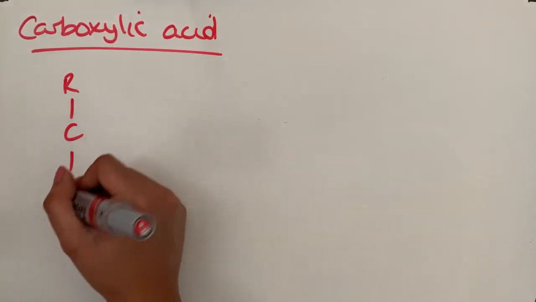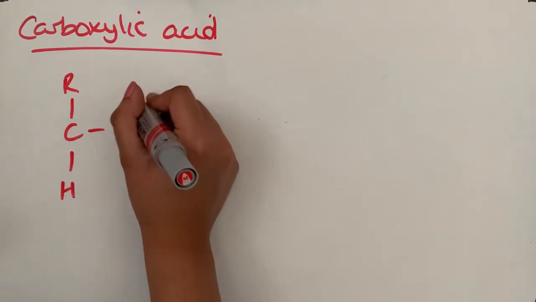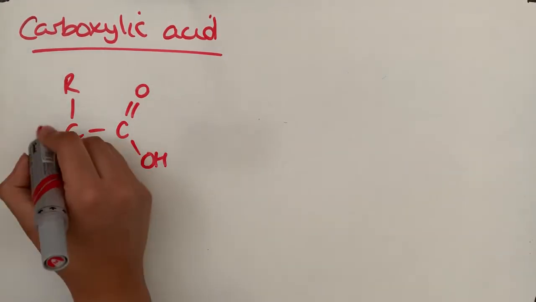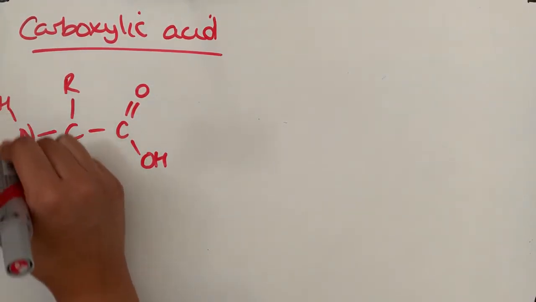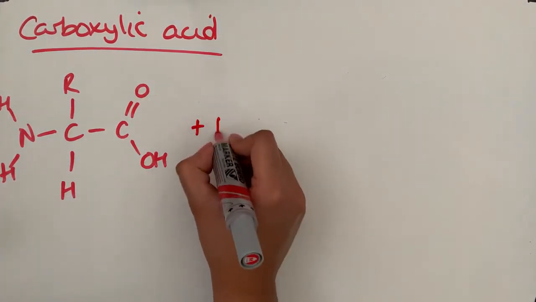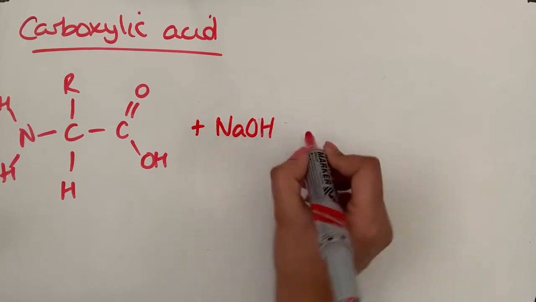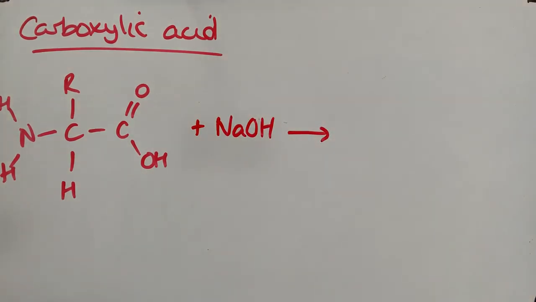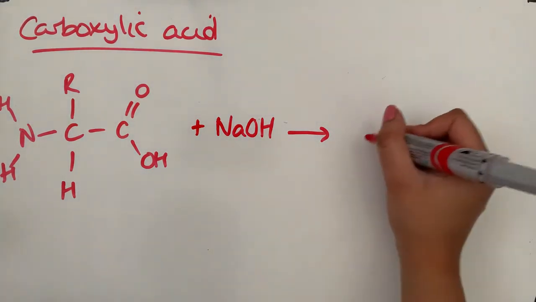So again, I'm just going to use the general formula. So now it's this acidic part that is reacting with an alkali, like that. Okay, so acid plus alkali should give rise to salt plus water. So let's have a look at what it makes.